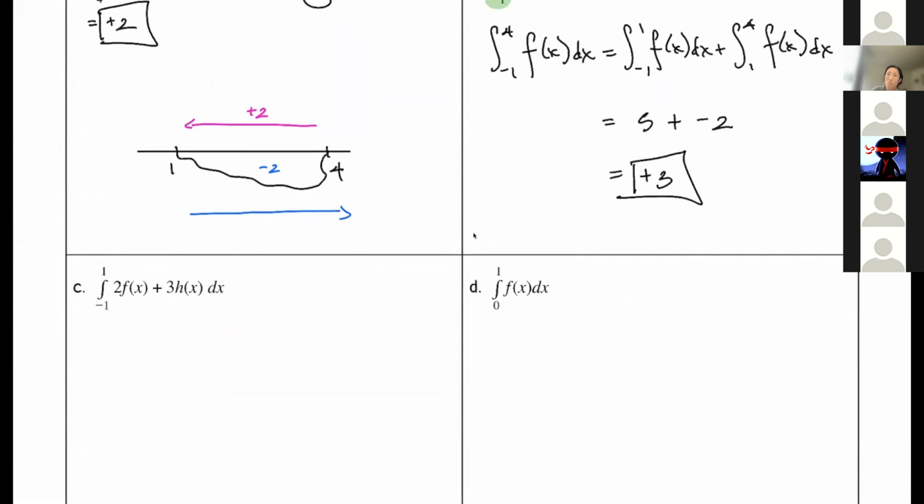So for C, what rule or rules seem like they might be helpful?